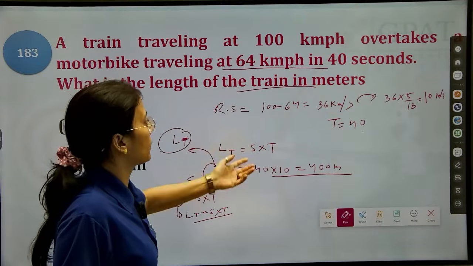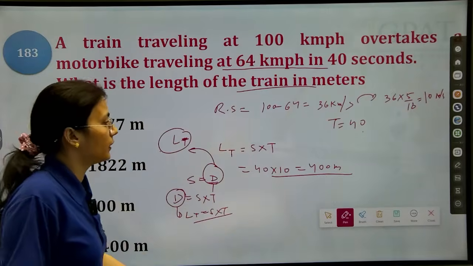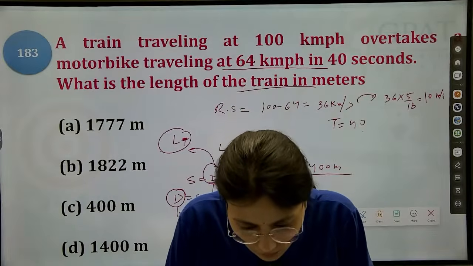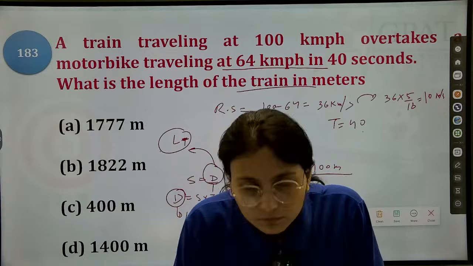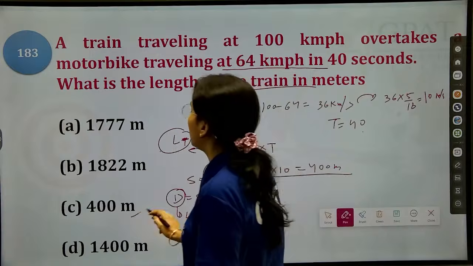In the opposite direction, we use the plus sign, v1 plus v2. With the help of this formula, we get 400 meters. So option C is correct.